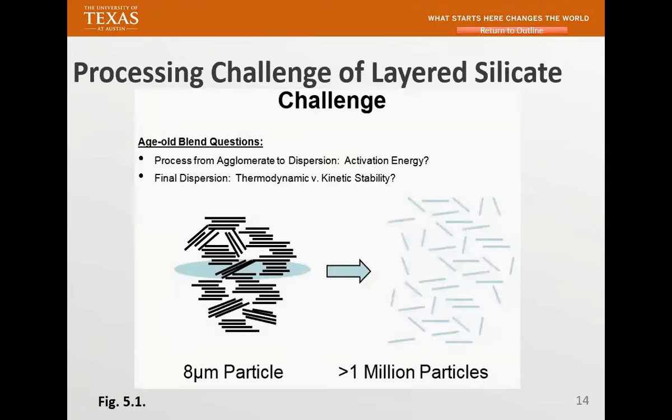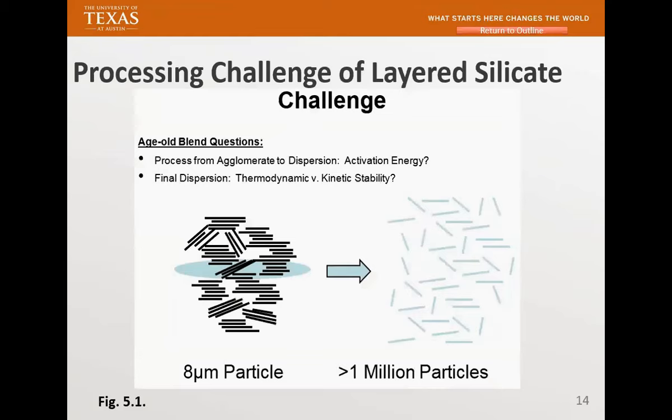So here, the challenge is that I'm using clay. When you buy nanomaterials, you may not be aware that all of them are actually in micron size. They do not sell you nano size. Why? Because it's very difficult to give you nano size, and it's also very difficult for transportation.